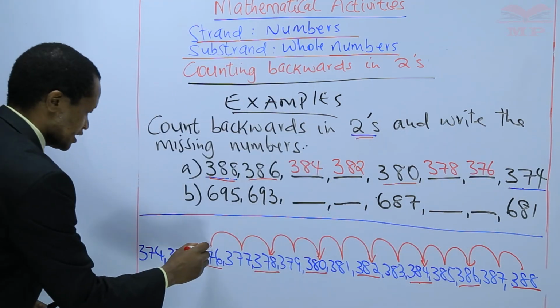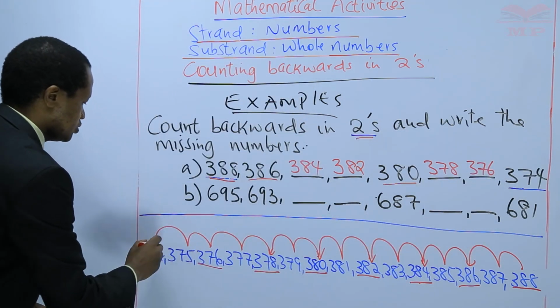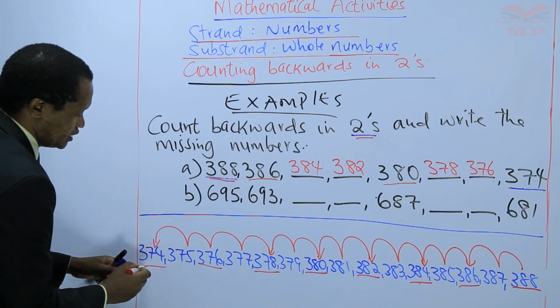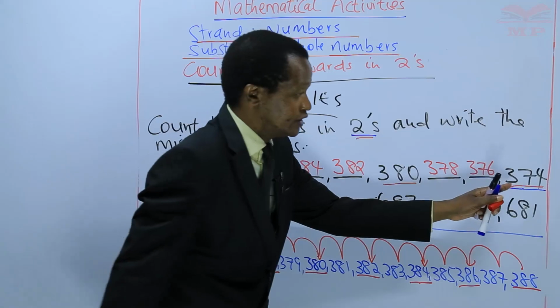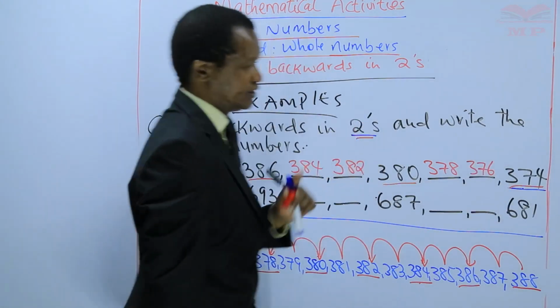Then moving back again, we come to 374, which we have here, but it is not missing.